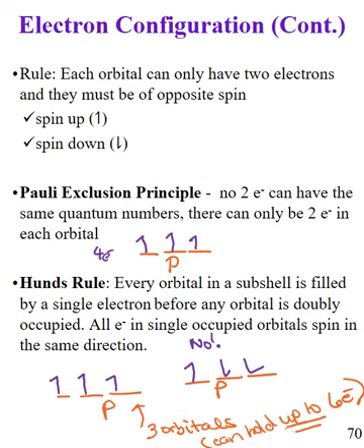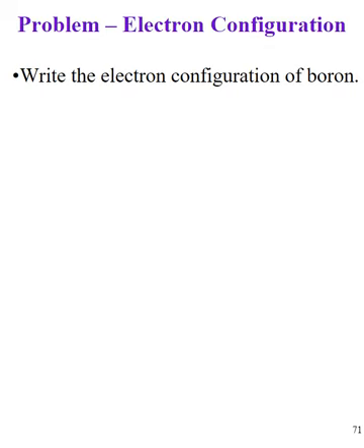The reason why is because electrons don't like to be next to each other. So they're going to fill the other orbitals first. Okay, so now we have 3. Everything is half filled. So now we can doubly occupy one of them. It doesn't matter which one we occupy. So it will look something like that.